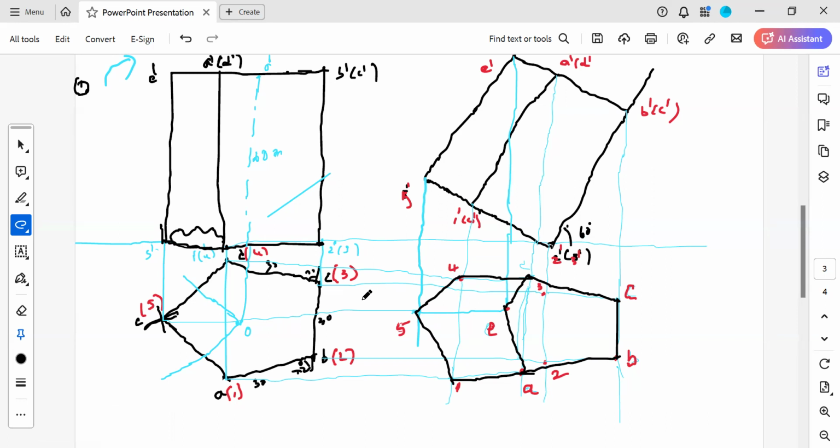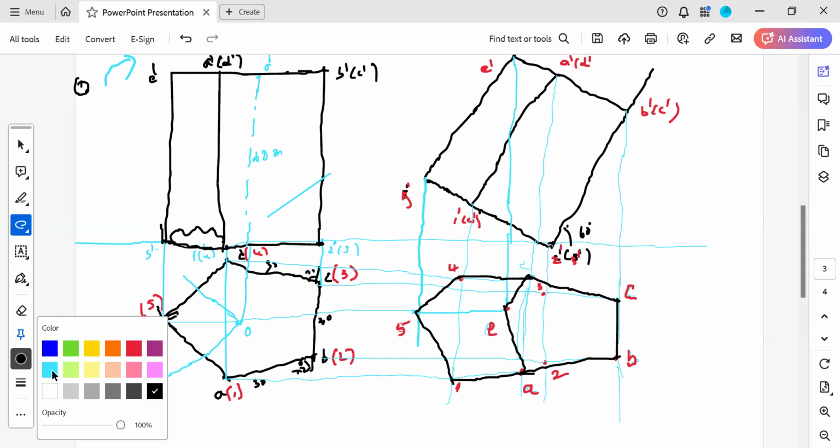Other sides will be there now, which will be represented as dotted lines, which are not visible. Those lines are called invisible lines while seeing from the top.